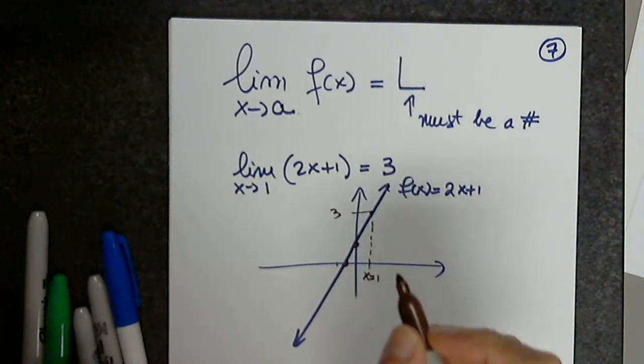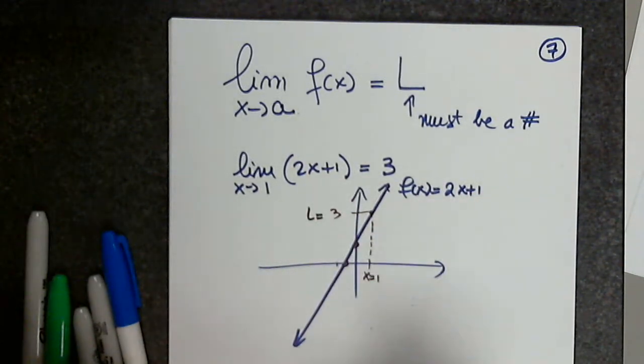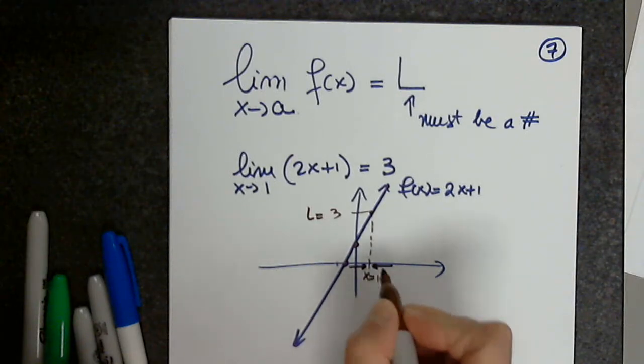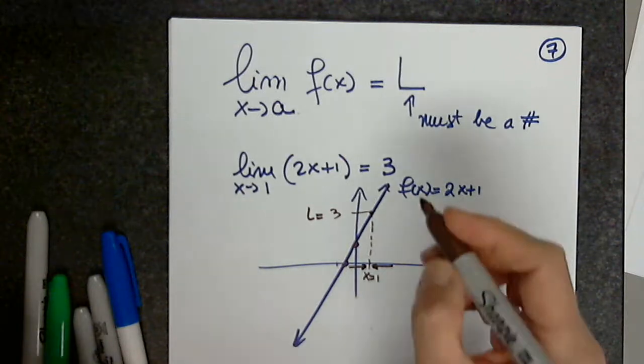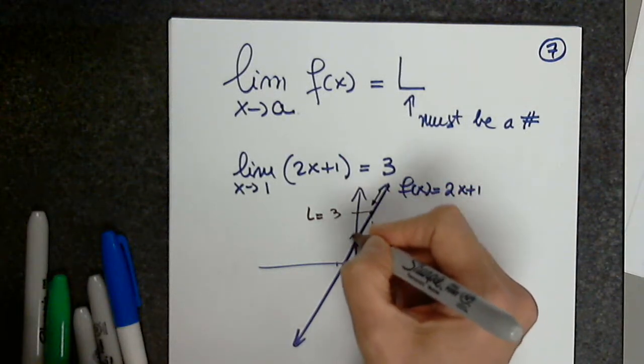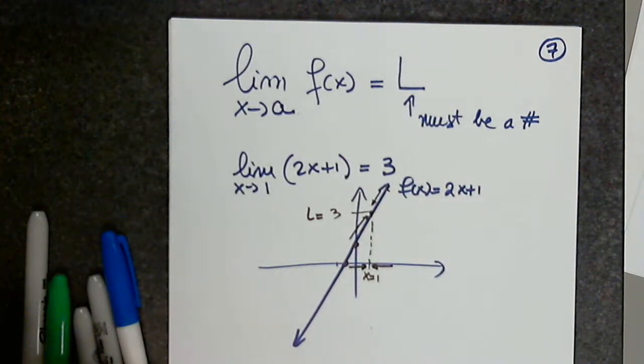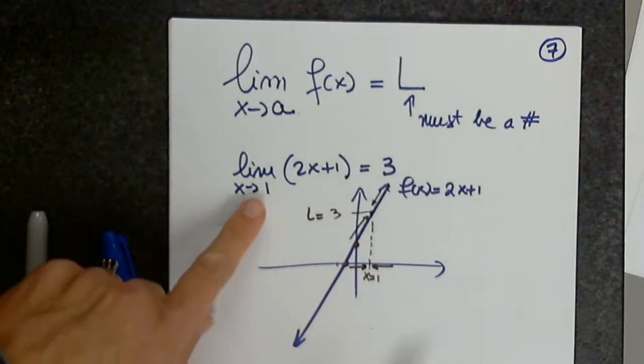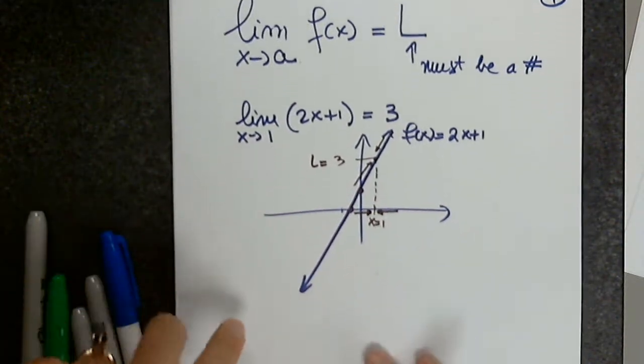So x equals 1, L equals 3. As x gets closer and closer to either side of 1, the function values get closer and closer to 3. So this is the limit from either side of 1.